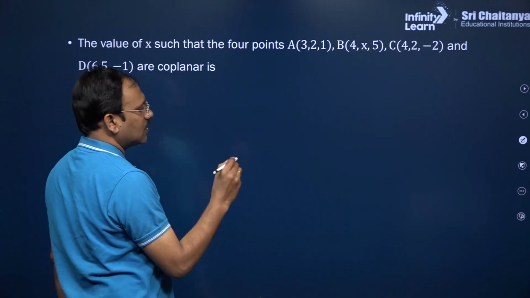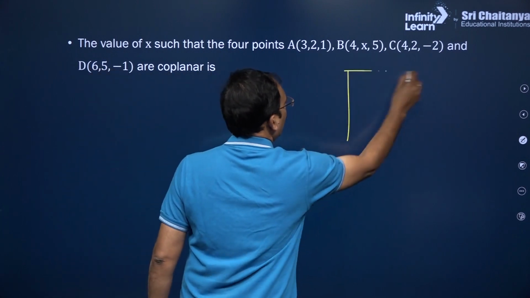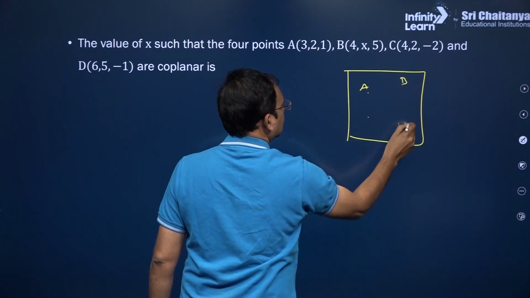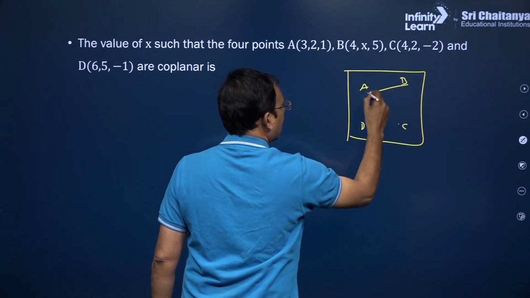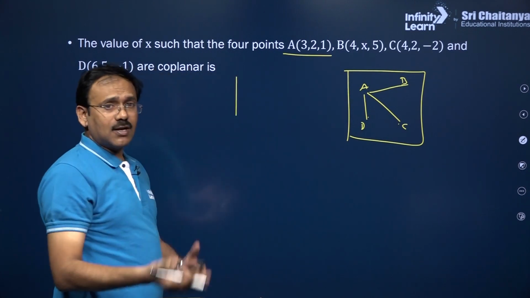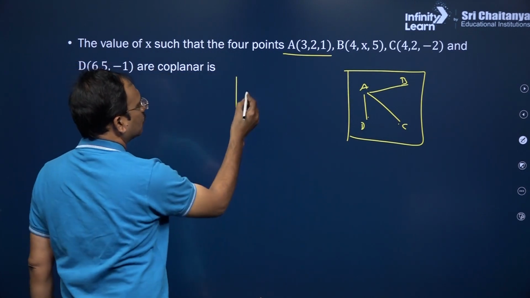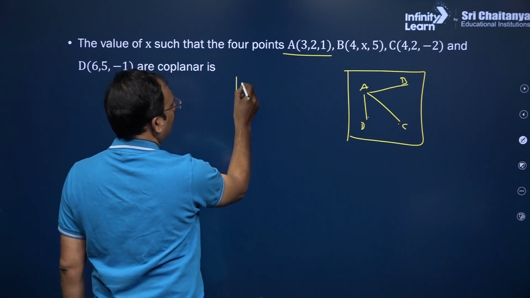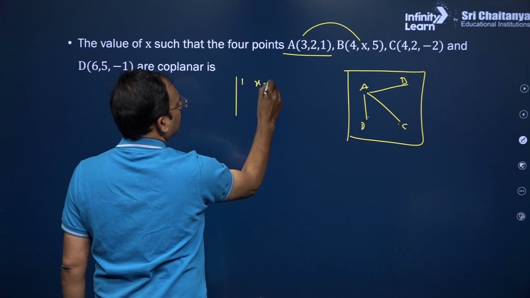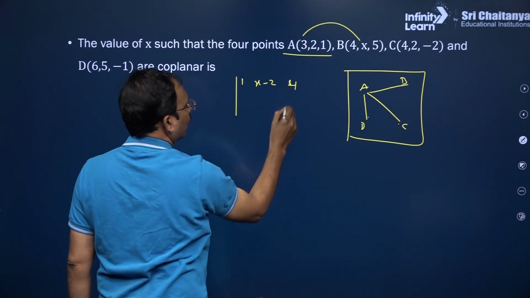Coplanar, friends, very important: 4 points coplanar means you convert them into 3 vectors, AB bar, AC bar, AD bar, and 3 vectors coplanar means their determinant is equal to 0. So subtract 3, 2, 1 from all. AB bar becomes 4 minus 3 is 1, x minus 2, 5 minus 1 is 4.